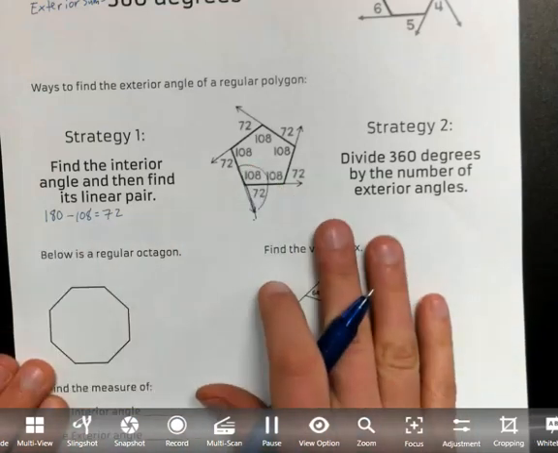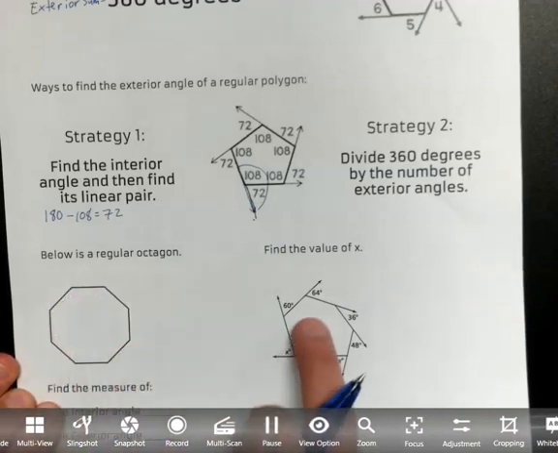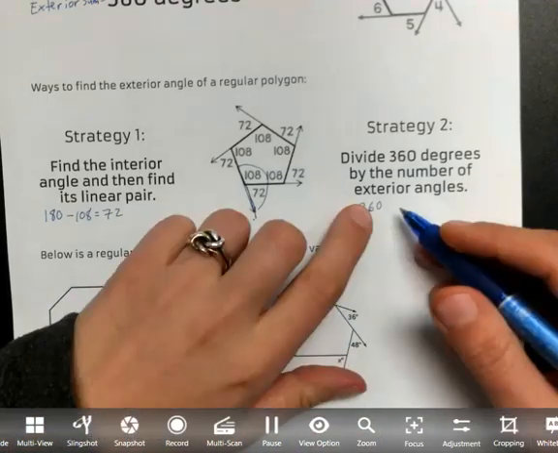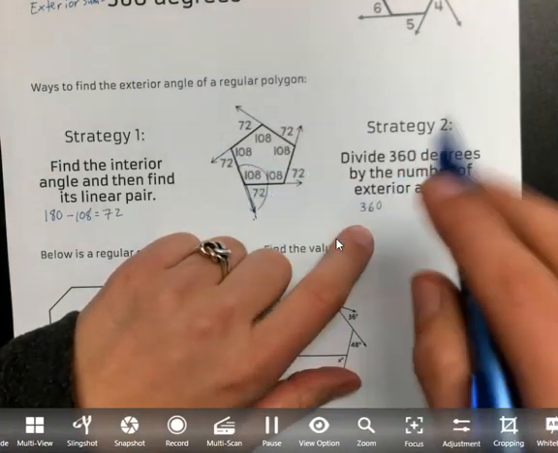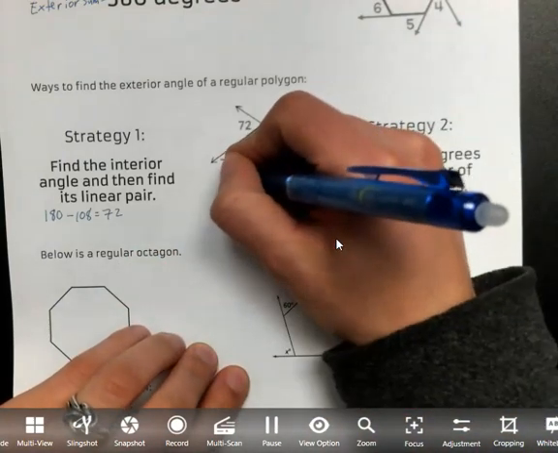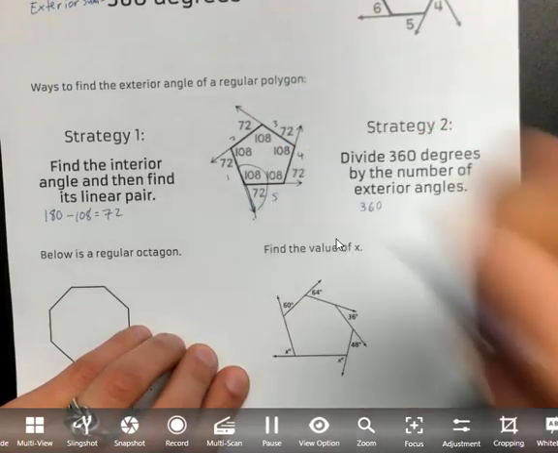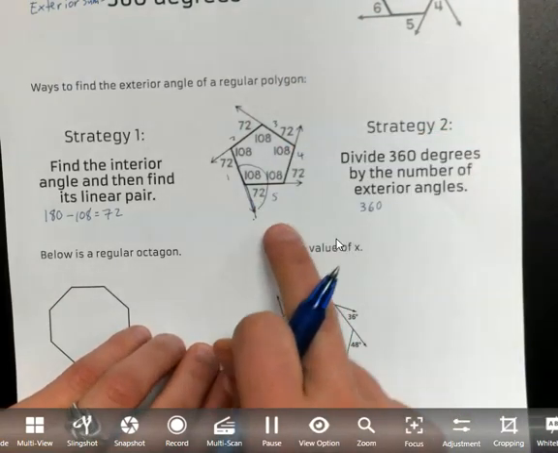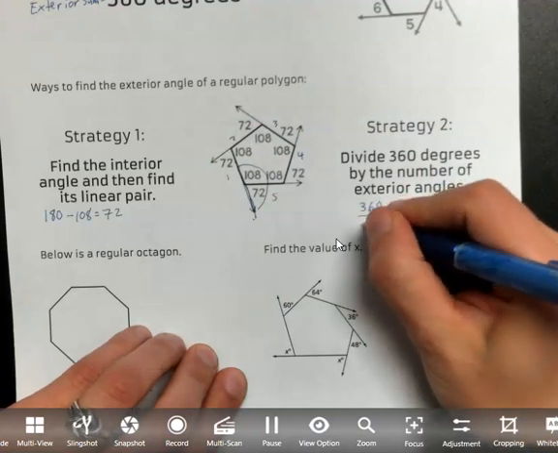Now what if we don't have the interior angles written? Like right here, there's no interior angles. Another way we could solve this is that all together they should add up to 360 degrees. And how many sides do I have? I have 1, 2, 3, 4, 5 sides. So I can say 360 divided by the number of sides.